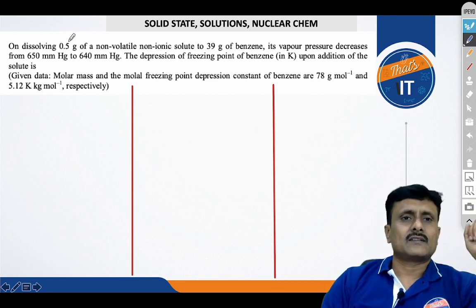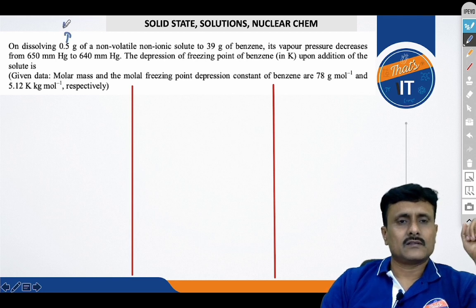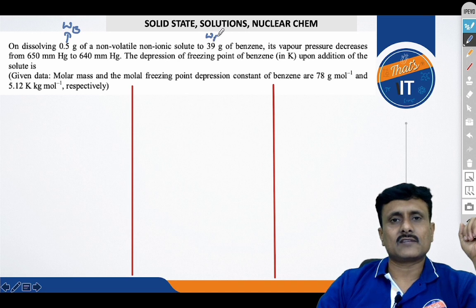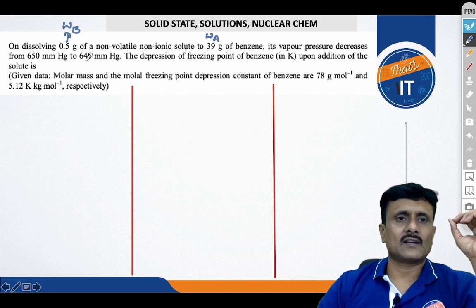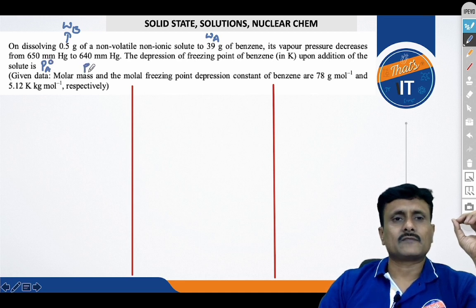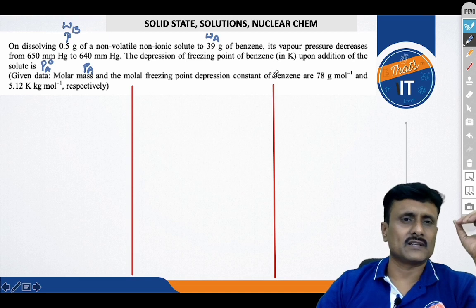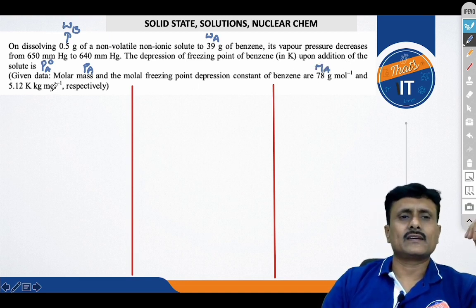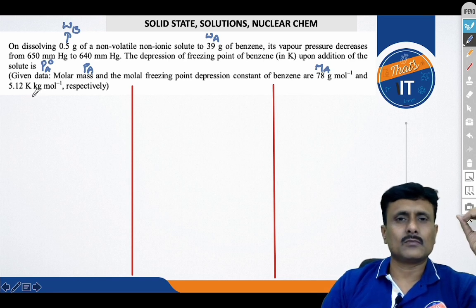You can see that the weight of the non-volatile solute is given in a certain weight of the solvent, and vapor pressure is decreased from 650 to 640, and the depression in freezing point is asked. You have been given that the molar mass of benzene is 78 and the freezing point depression constant, that is the Kf value, is given.